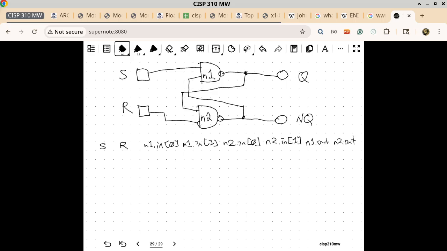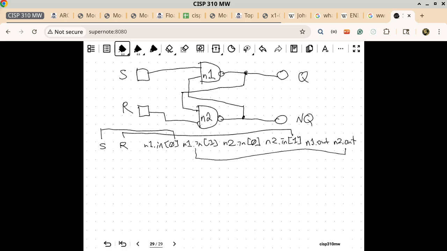Okay, so with all of these as columns, I'm just going to use a way to indicate which ones are connected to which other one. S is connected to the first input of N1, R is connected to the second input of N2, which is up here, and N1.in1 is connected to the output of N2.